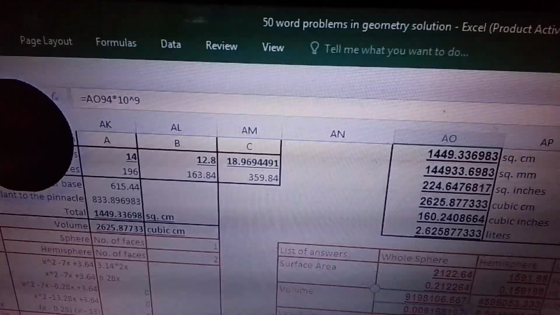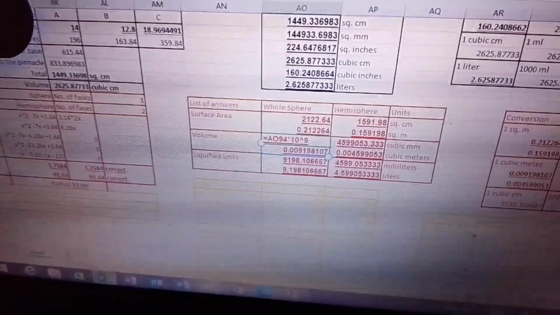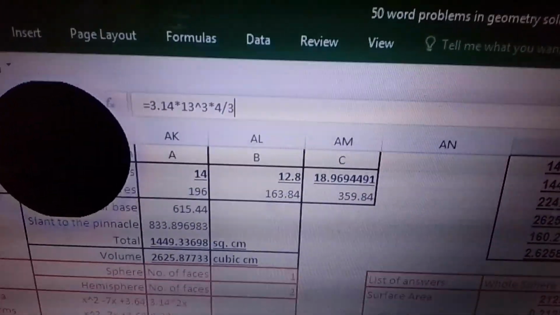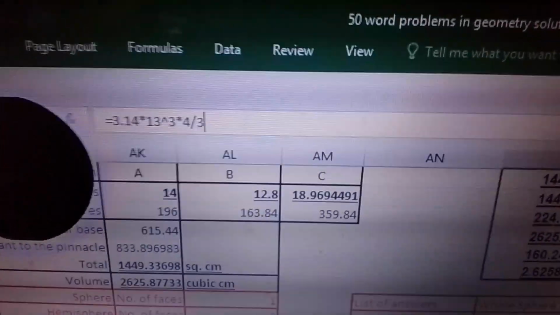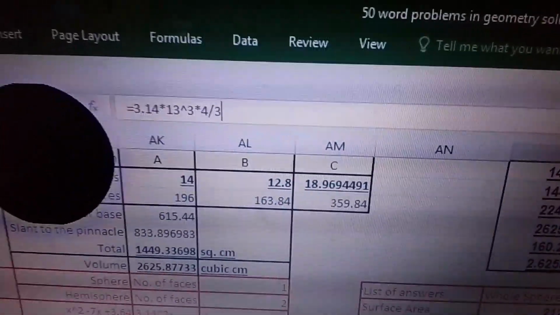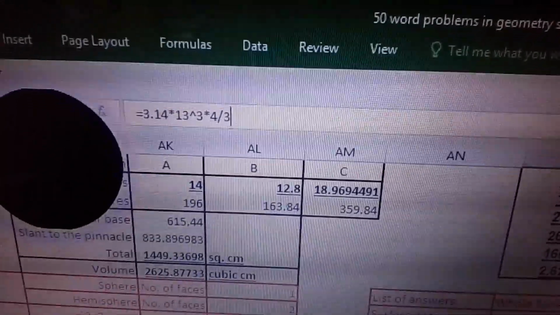First, what I did was, I did A94. So, where's that A94? Yung ginawa ko, I first did liquid units first, in ml. Kasi nga cubic centimeter is worth ml. So therefore, 3.14 times 13 cubed times 4 divided by 3.